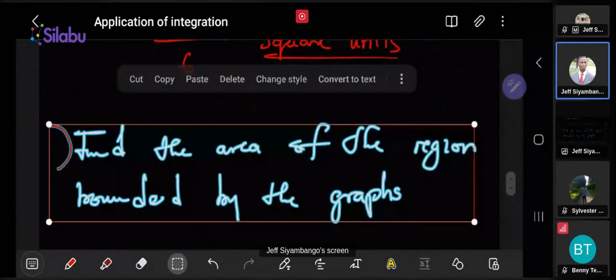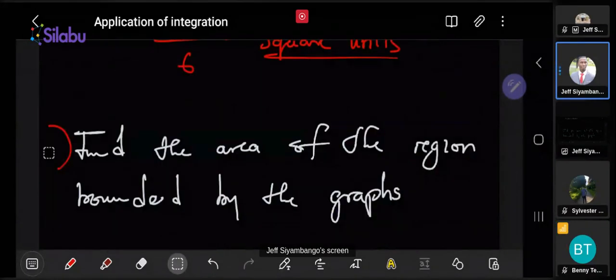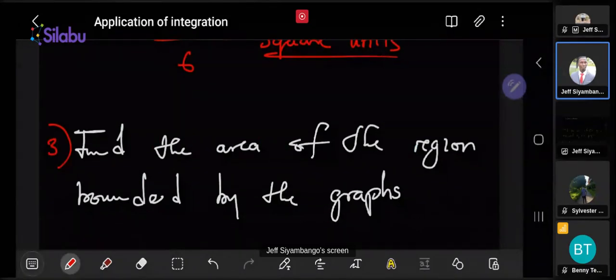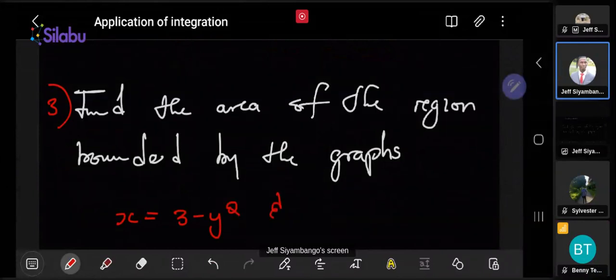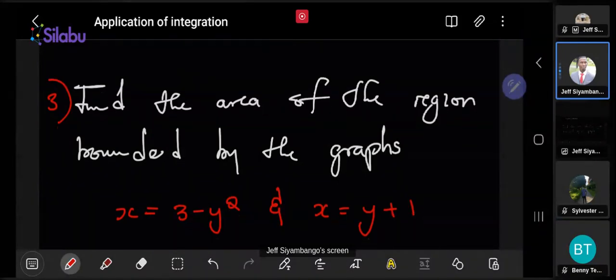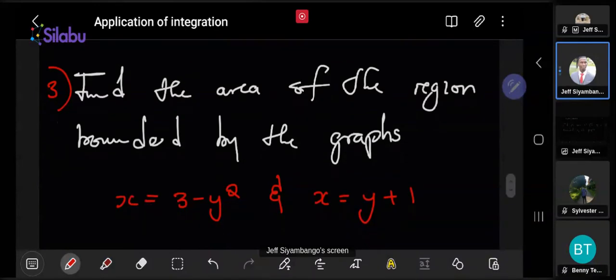This is going to be number 3. But the equations now, you have x is equal to 3 minus y to the power 2, and x is equal to y plus 1. Can you guys try this one out, and let's see if you can pull it off.